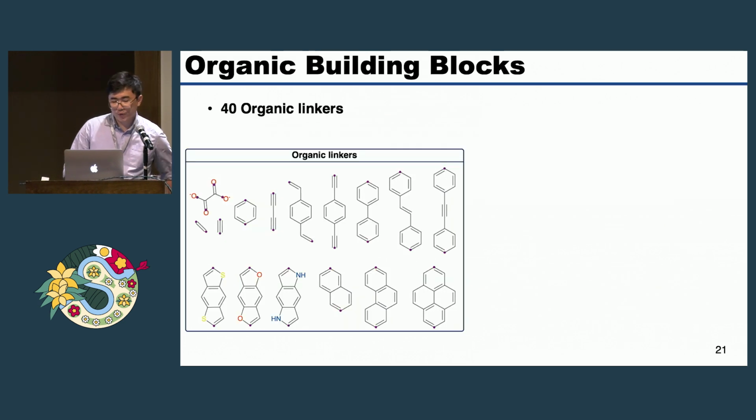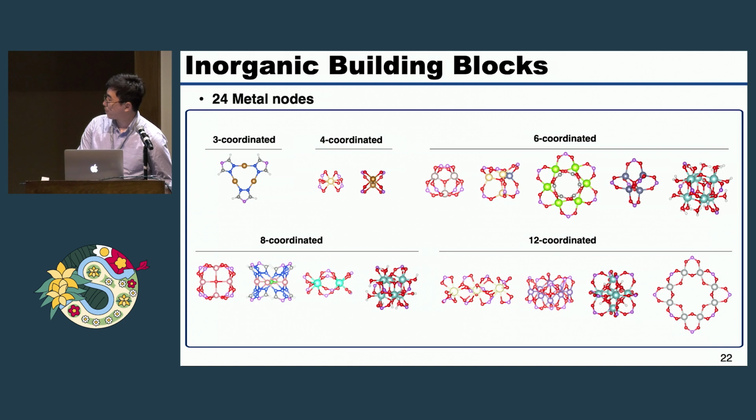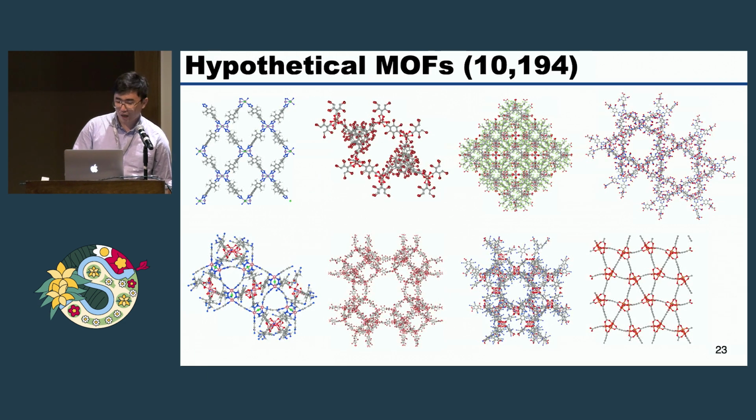We included 40 different types of organic linkers, many of them aromatic, 14 different types of organic nodes, and 24 different types of metal nodes, and we consider all possible types of coordination. When you map these building blocks onto these topologies combinatorially, that's how you obtain these hypothetical MOF structures.